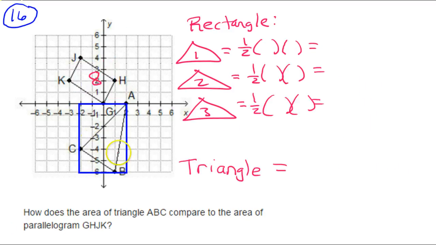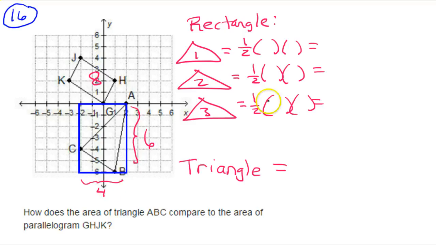Okay, now let's do the same thing to find the area of the triangle. So first, again, let's find the area of the rectangle. So let's see, the base of this rectangle is 4, and the height is 6.